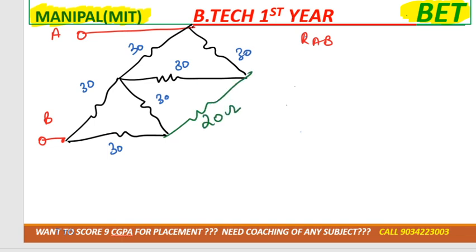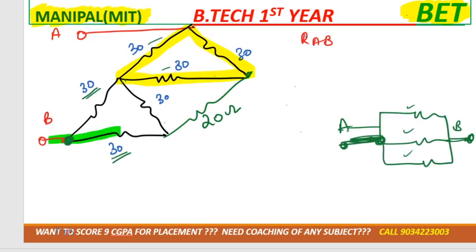Okay? Now up to here we can do it by series and parallel. After that, 20, 30, 30, 30 are not connected in series or in parallel. Correct? Now tell me how we can proceed further.